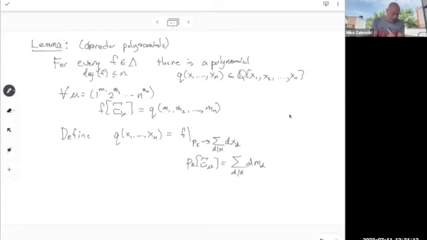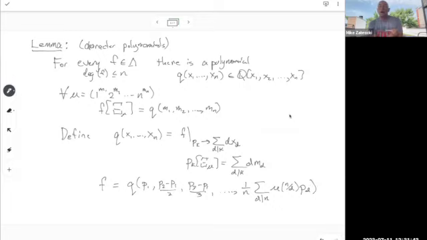So that means that if I set F equal to Q and I evaluate it at P1, P2 minus P1 over 2, P3 minus P1 over 3, and in general, 1 over n, the sum of D divides n, mu of n over D, PD, I can recover my symmetric function F. So character polynomials and character symmetric functions, same thing.